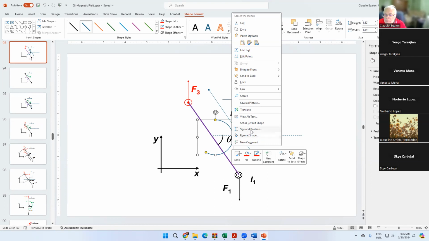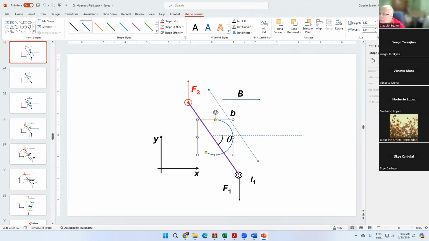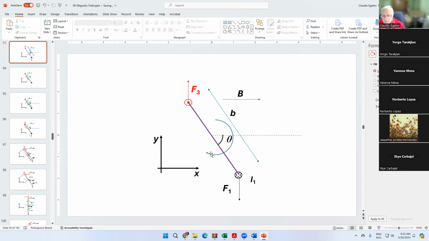Format shape, size, and position. Let's see. Line must be this one. Yeah, that's the one. Let's see if it's the right direction. Yeah, it's okay.